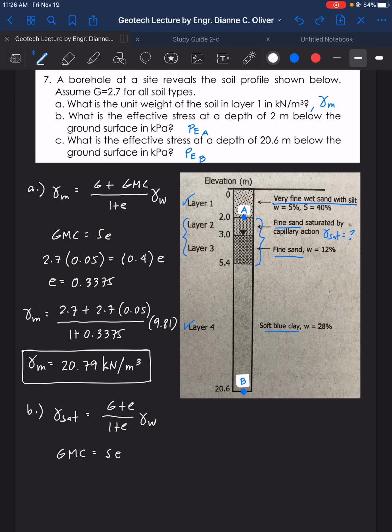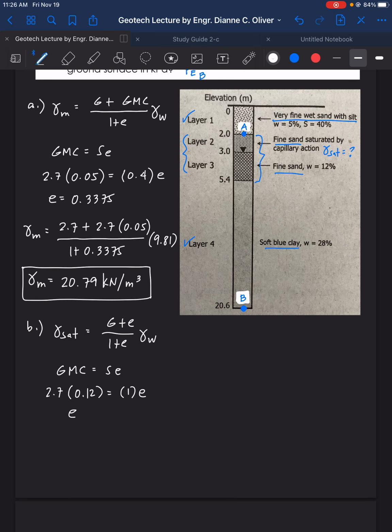Since this is the same soil type, the condition here given is the same with layer 2. So we have there 2.7, MC is 0.12 equals the degree of saturation there is 1, times E. So we find the value of E as 0.324. Okay, so that is for layer 1.